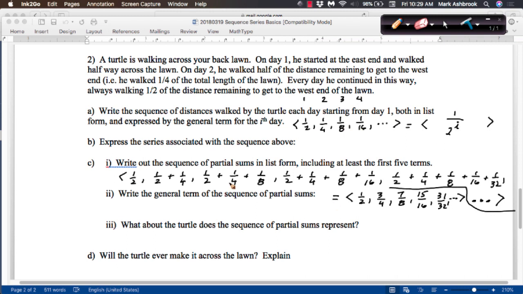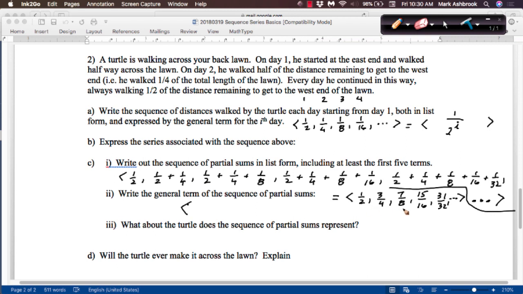Then the sequence of partial sums is 1/2, 3/4, 7/8, 15/16, 31/32. That is the first term, the first 2 terms added together, the first 3 terms, first 4 terms, first 5 terms, etc. We did a formula for the original sequence. Now we can do a formula for the sequence of partial sums.